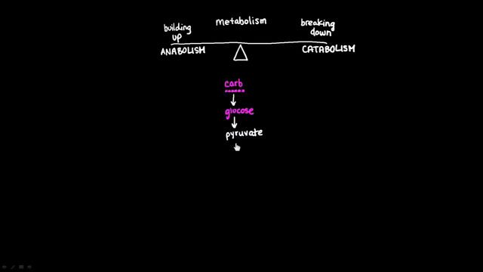And the pyruvate then gets broken down into a very important molecule that's kind of the center of making energy in the body. And that molecule is called acetyl-CoA. Now, I think of acetyl-CoA kind of like one of those little trampolines you see in the gym.